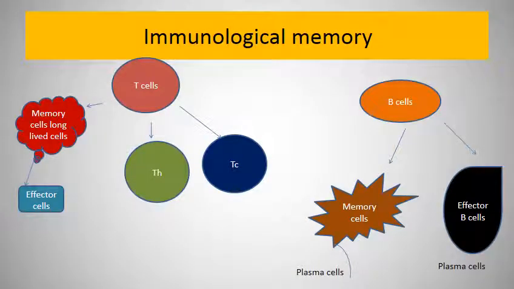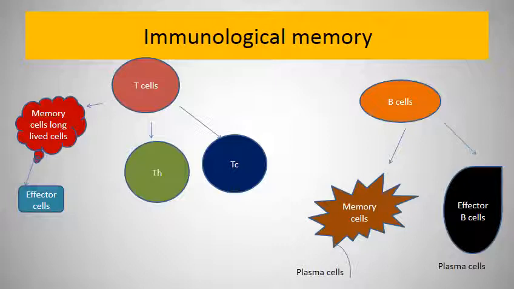Here there is a chart about this immunological memory. So you have the T cells here, and the active form of the T cells, the helper T cells and the cytotoxic T cells, which take effect immediately, and memory cells also are formed, which are long-lived, and they can give rise to effector cells if they meet the same antigen later in their life.